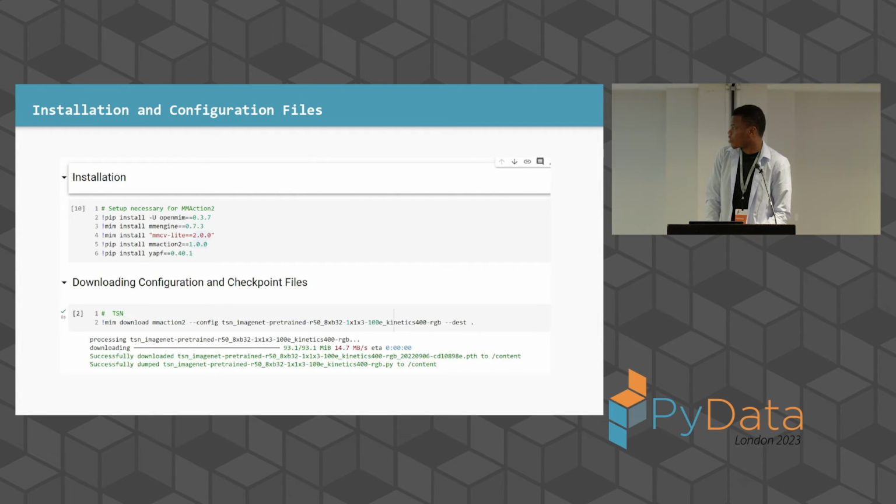So that's done installing. This here would download the config file for the TSN model, where TSN is the temporal segmented network I talked about earlier. So it just gets to download that.